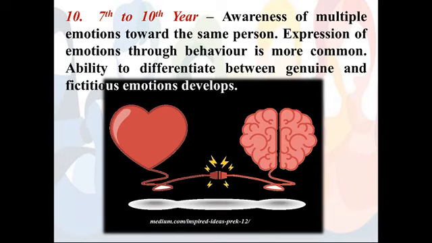If you pass an artificial smile or some different manifestation of your smile, the child starts understanding whether that individual has responded with genuine emotion or fictitious emotion. So it's very interesting. At 7 to 10 years, the child starts differentiating between these two types of emotions.